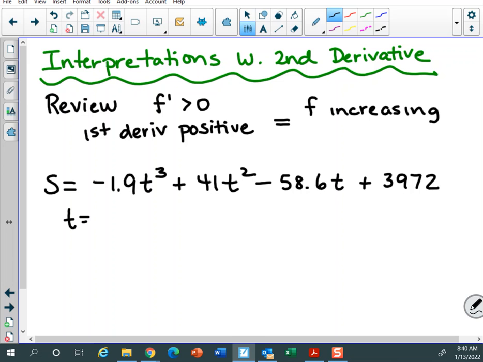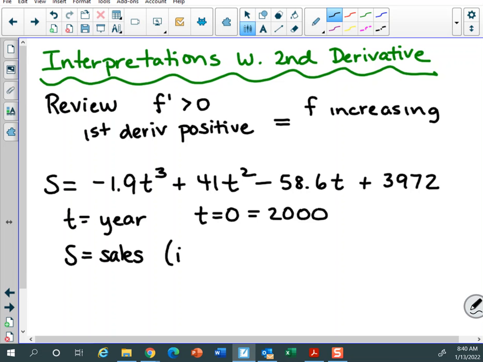In this function, t represents the year, and we're using our standard 0 year being 2000. And S represents sales in millions of dollars.